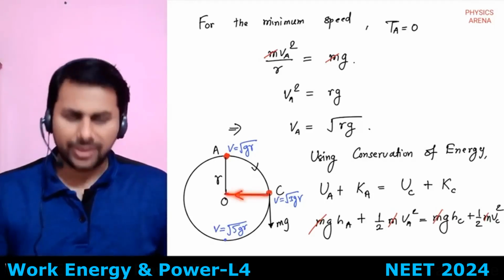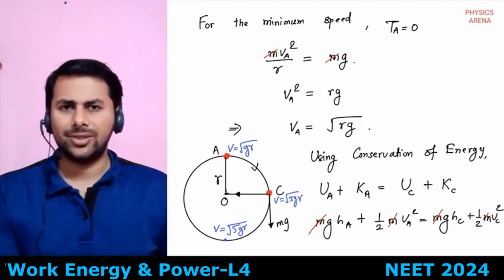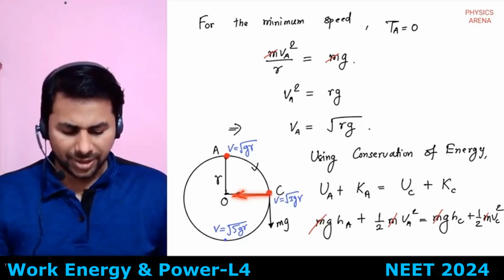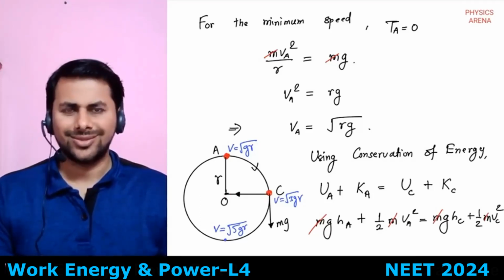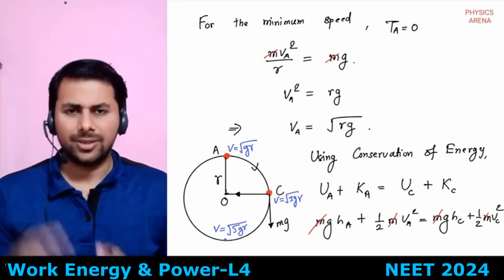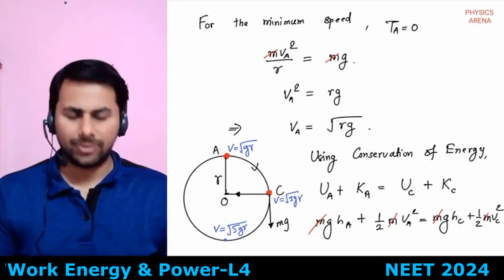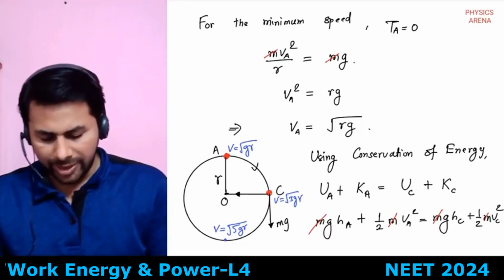At this point, what is the centripetal force? Along the radius towards the center, just tension, right? So at this point, centripetal force is equal to tension. So how much will be the tension?